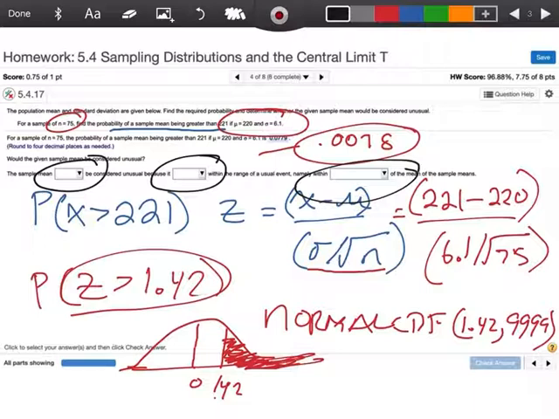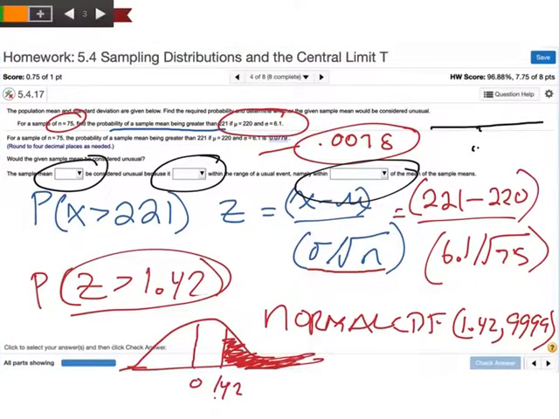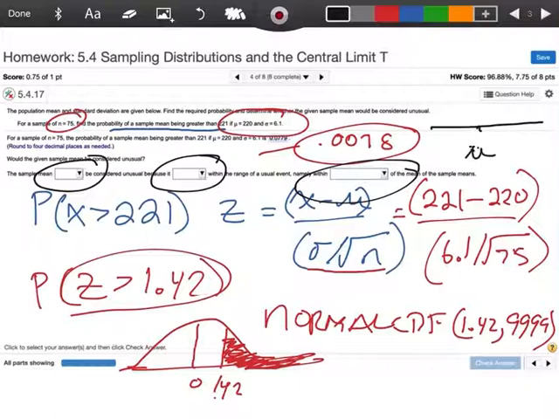Somewhere back in chapter 1 or 2, we had our average, and then 1 deviation and 2 deviations and 3 deviations to the left and to the right.